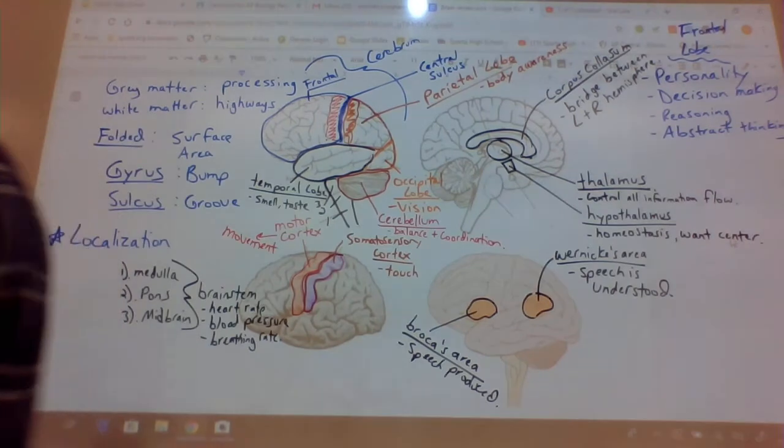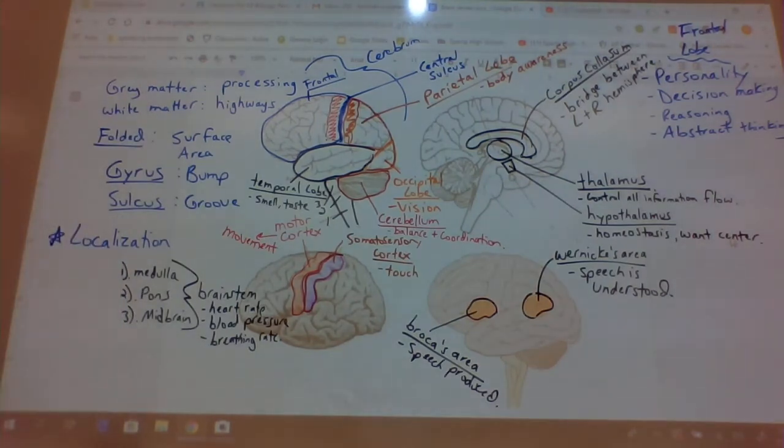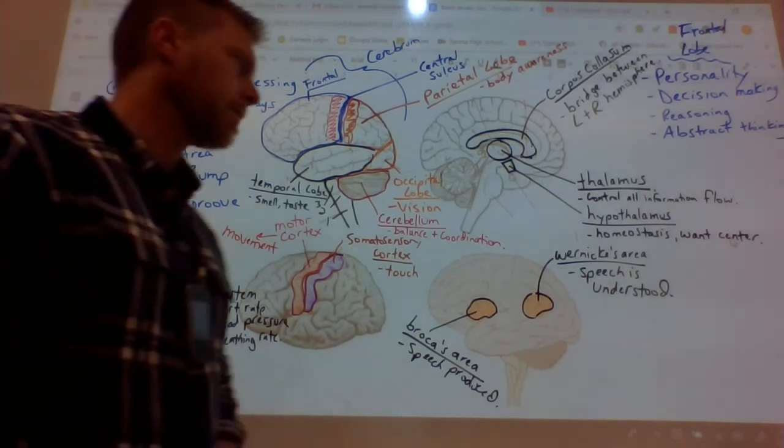Meaning, it is the part of your brain that makes you feel hungry. It is the part of your brain that'll make you feel thirsty. It's the part of the brain that maintains your body temperature. Right? The hypothalamus is all about maintaining your internal environment, keeping it regulated.